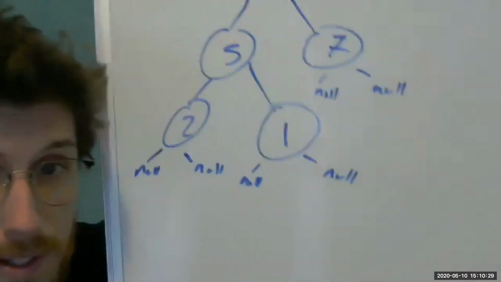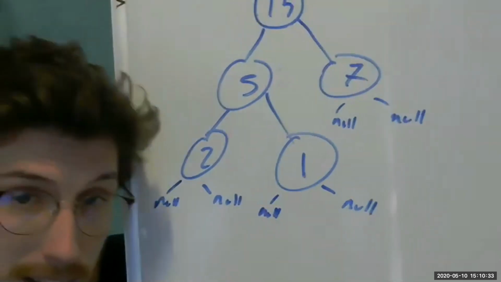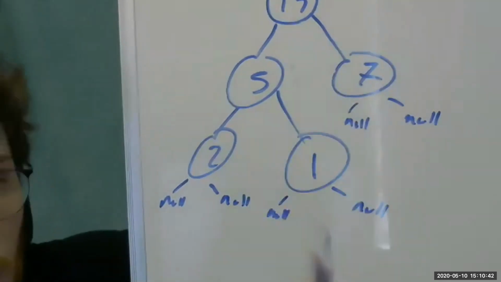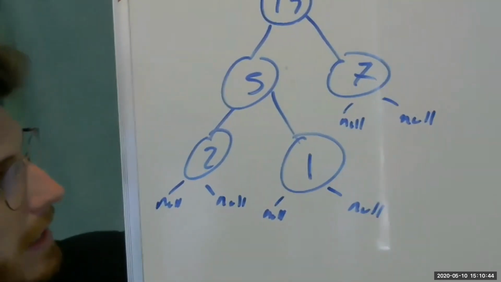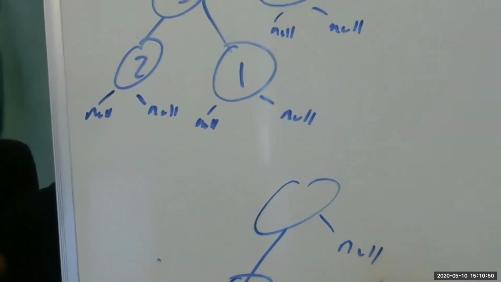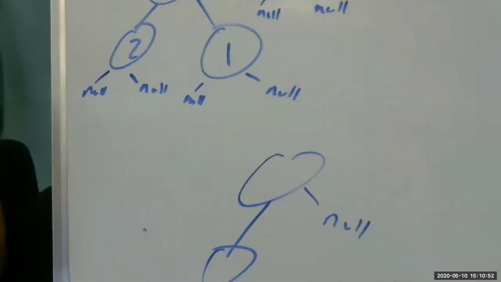Because there's no depth. And we also agree that each node has a depth of 1. Can we agree on that? Yeah. Okay. So let's go all the way down. If we had a node here and a node here, and these point to null, what would our depth be?